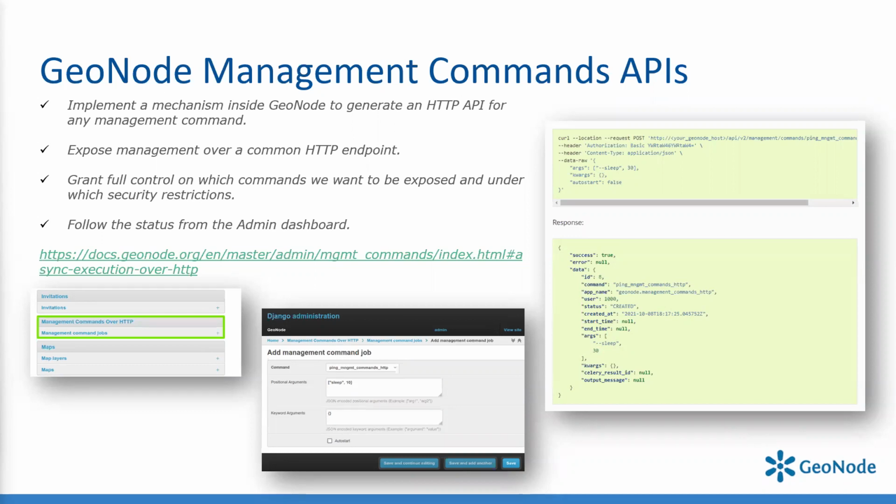As you can see from this slide, you can either run an execution of a management command from the administration dashboard, or run and follow the execution from the terminal by issuing a request to a specific GeoNode API endpoint.